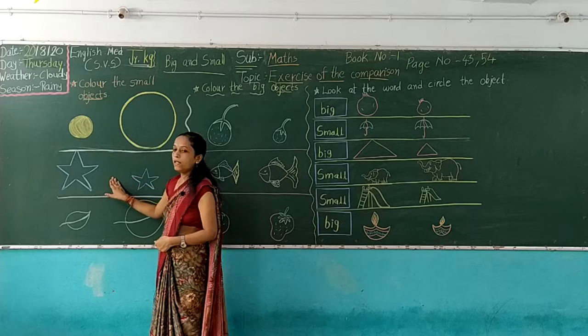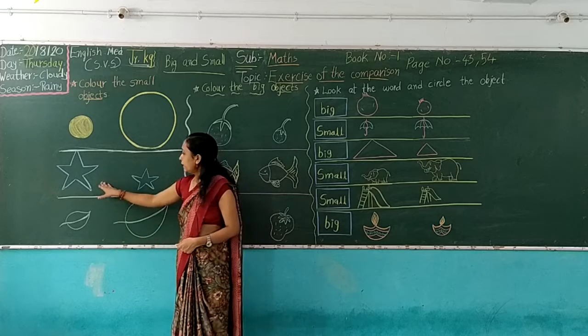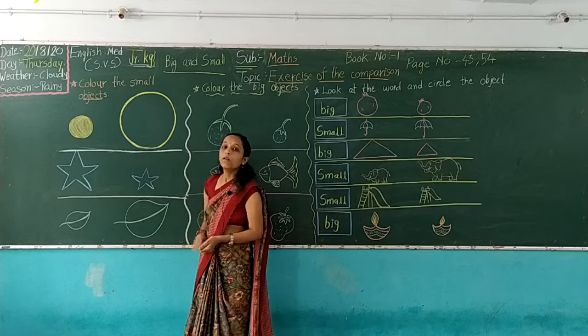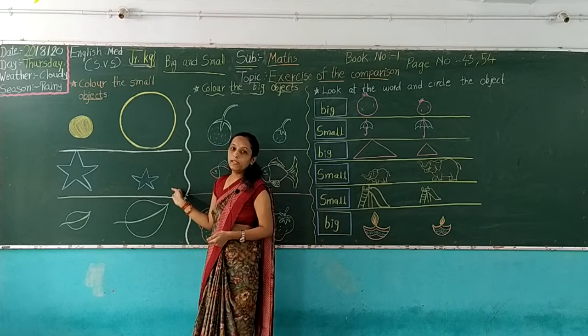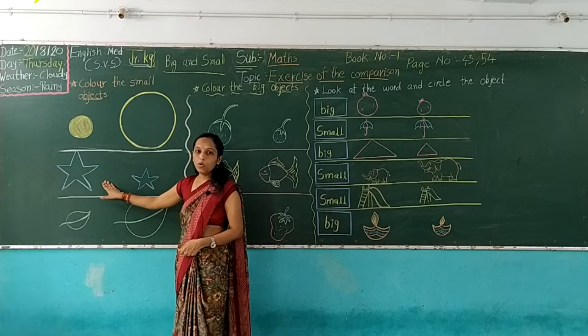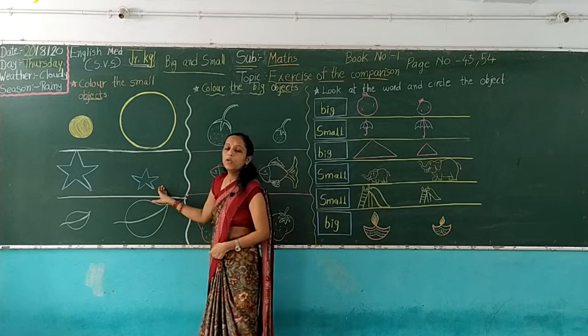Okay, and our second object is, what are these? These are stars. How many stars? 1, 2. One is big and the other one is small. So children, which star is small? This? No. This? Yes. This star is small.